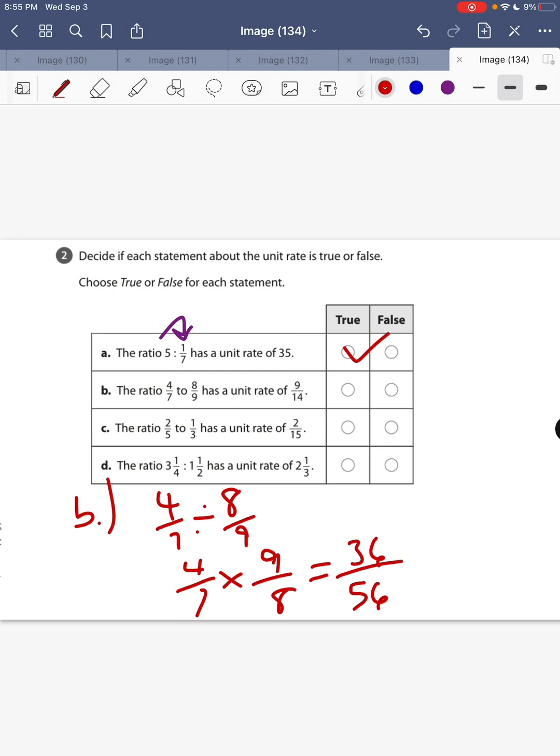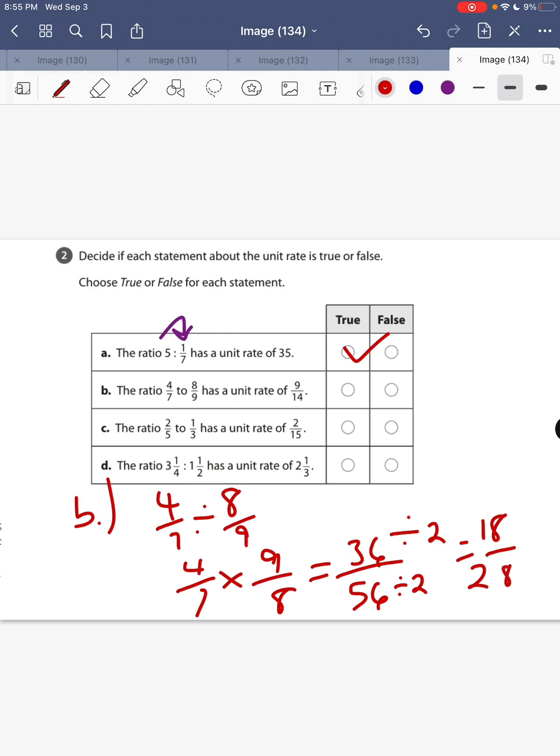Okay, so let's go ahead and try to reduce. What do they both divide by? Well, you can divide by 2 and you can divide by 2, so go ahead and try that. Okay, so 36 divided by 2 is equal to 18, and 56 divided by 2 is equal to 28.